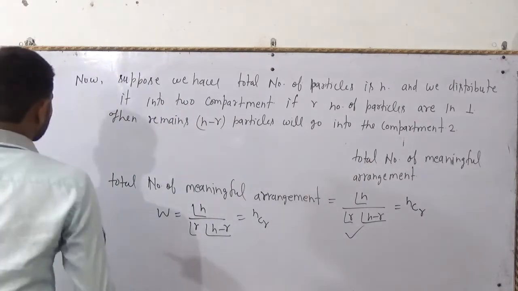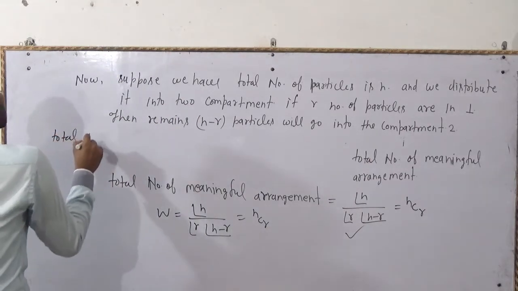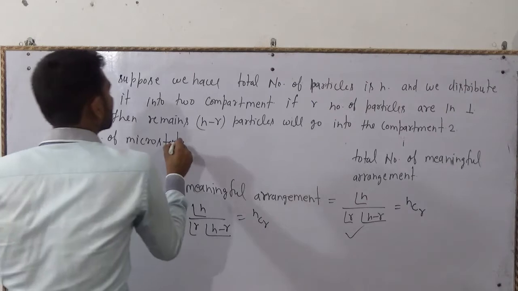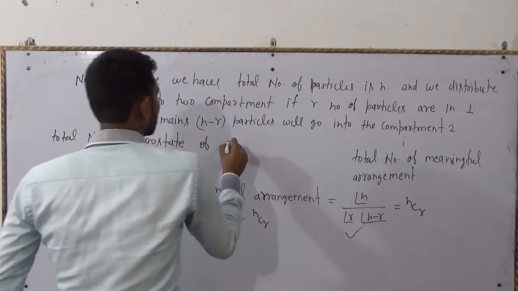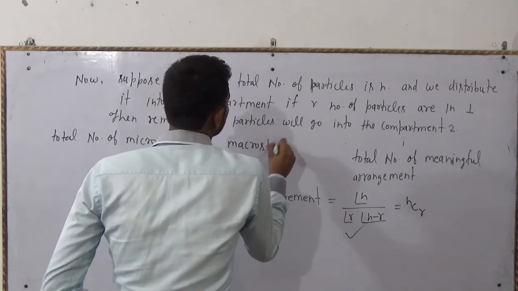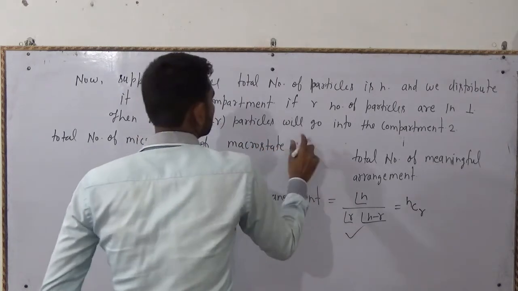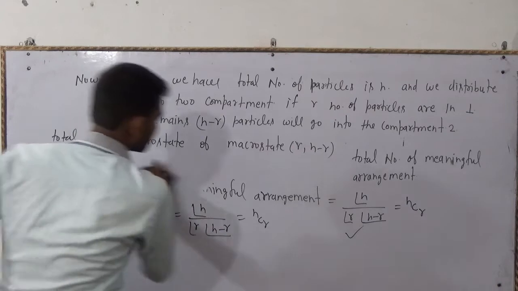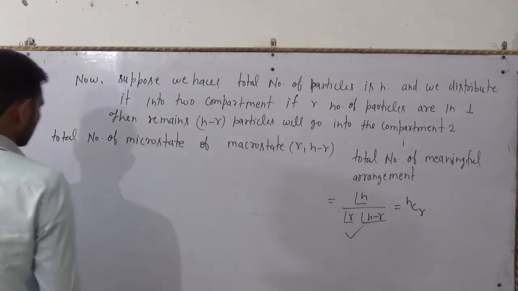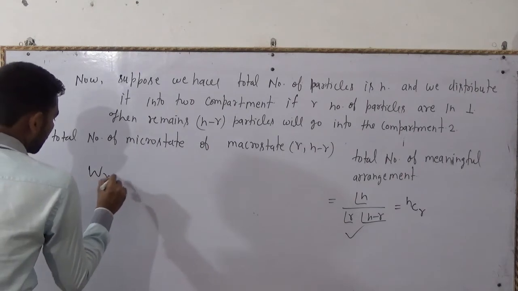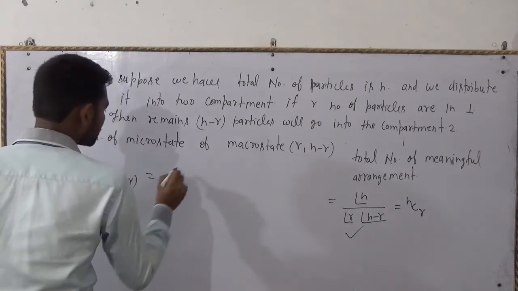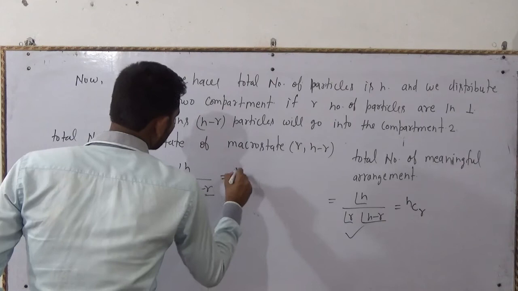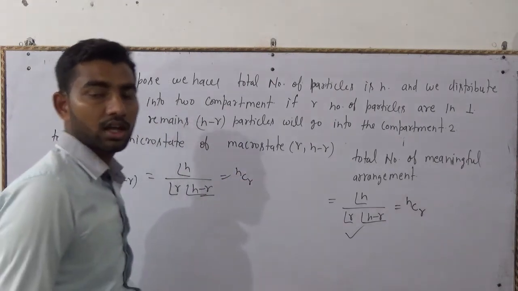here the total number of microstates for r, n minus r will be W(r, n minus r) is equal to factorial n upon factorial r factorial n minus r, or it may also be nCr.